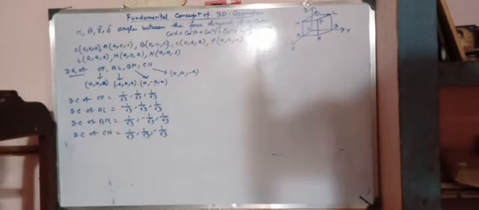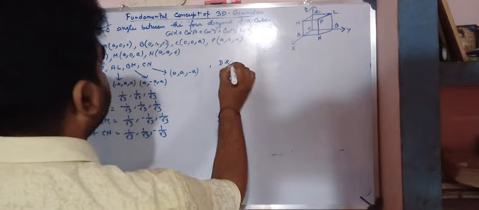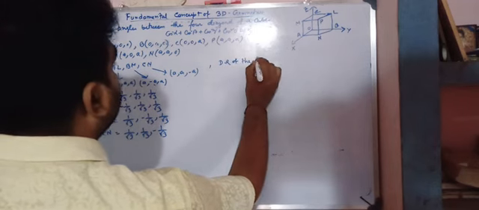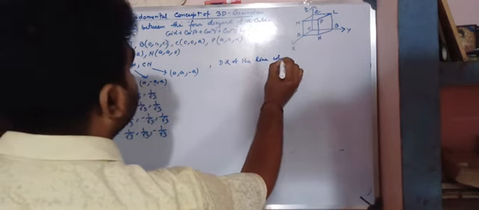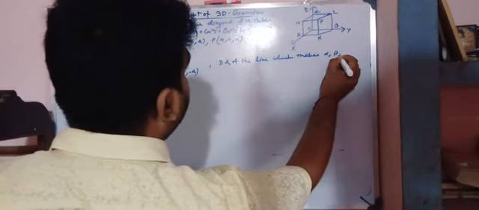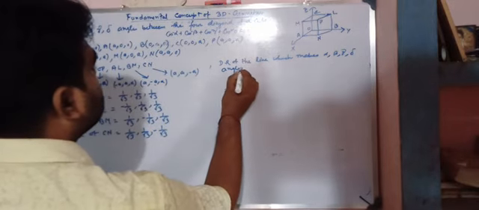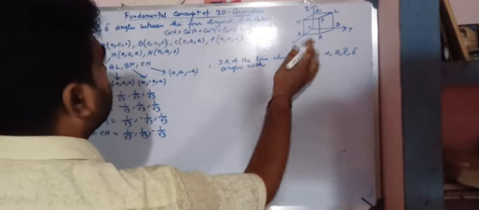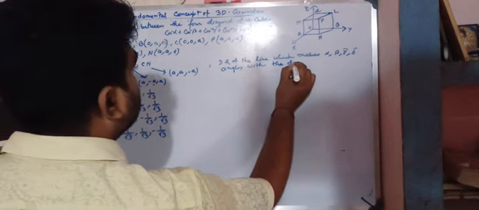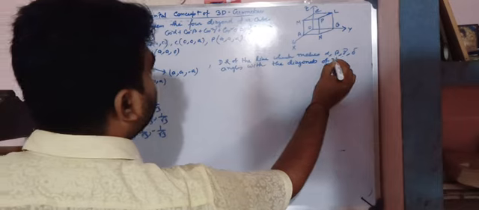Okay. Now we are taking the direction ratios of the line which makes angles alpha, beta, gamma, delta with the diagonals of that cube.